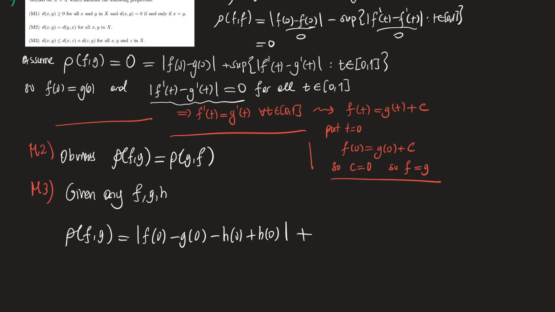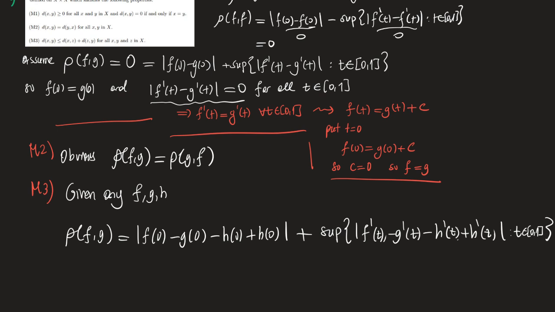So plus the supremum of f'(t) minus g'(t), minus h'(t) plus h'(t). They should be t, of course, for t in [0, 1].